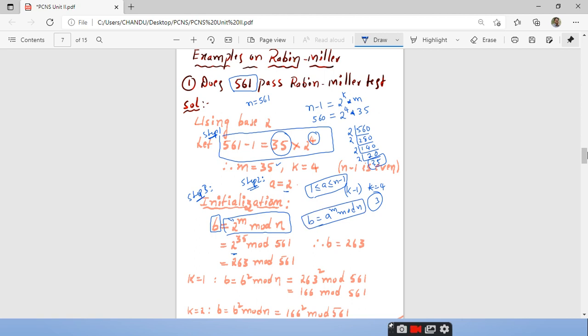So 2 power m mod n, 2 power 35 mod, what is n here? 561. So I have to simplify this 2 power 35 mod 561. What is 2 power 35 mod 561? Any idea?